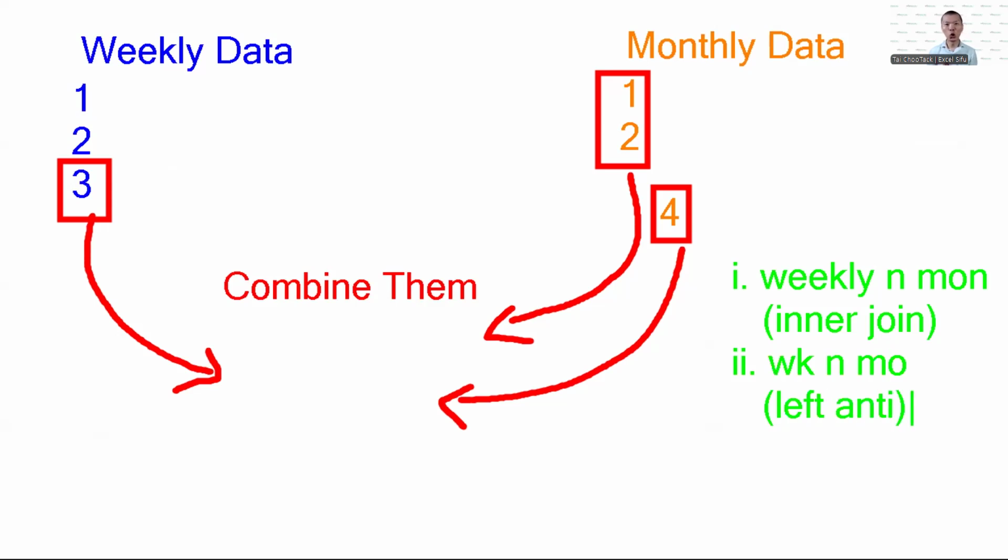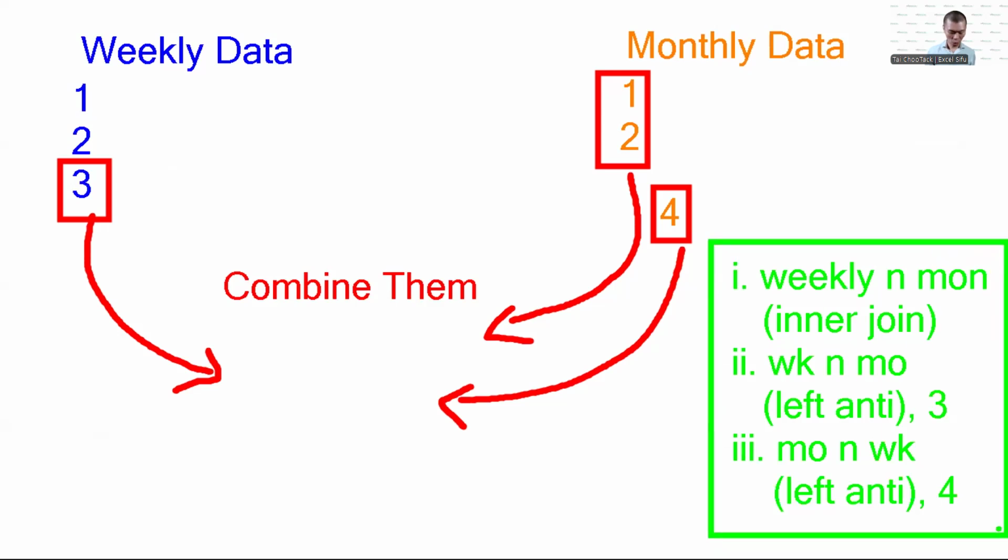That means only those that exist in the weekly data, and in this situation it will be number 3 here. The third one uses the monthly and weekly. You can see the sequence is swapped. Also using left anti join, that means the one that exists in the monthly data but not in the weekly data, so that will be number 4. After I have all these ready one by one, I can combine them together using something called append.